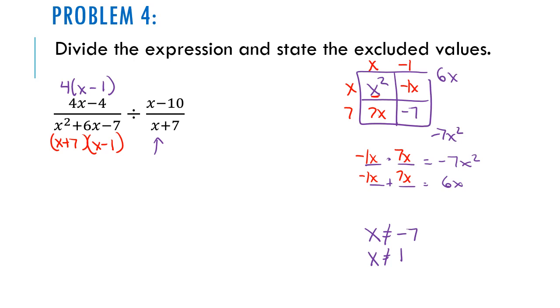So now that I've stated excluded values, I can go ahead and do the division of keep, change, flip. So I have 4 times (x minus 1) over (x plus 7)(x minus 1), times, and now I flip.